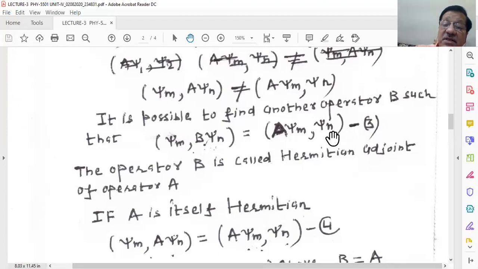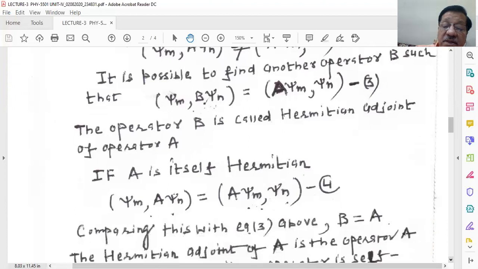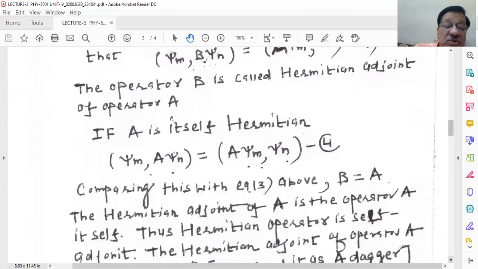Then one can say that operator A is nothing but operator B. So we can say the Hermitian adjoint of operator A, if A is Hermitian, is the operator A itself, because we get B equal to A.